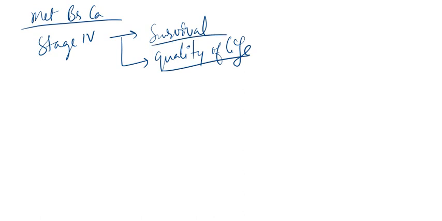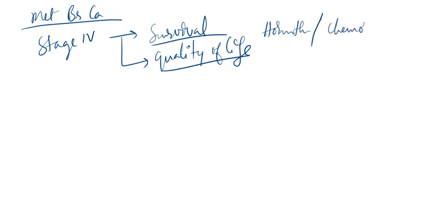Now what will you do? First, you will use chemotherapy in order to prolong the survival, but obviously chemotherapy also has its side effects. So the status of the patient should be assessed in order to decide whether you should go for hormone therapy or chemotherapy.